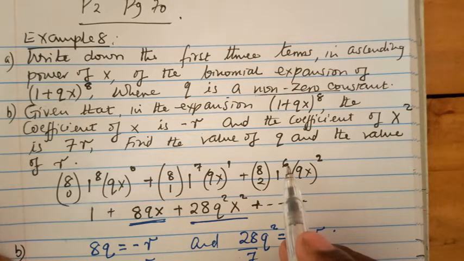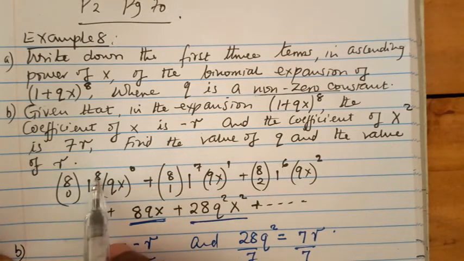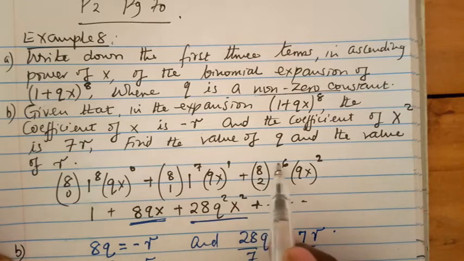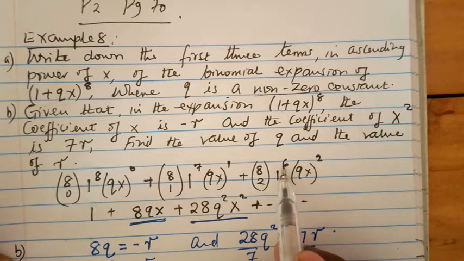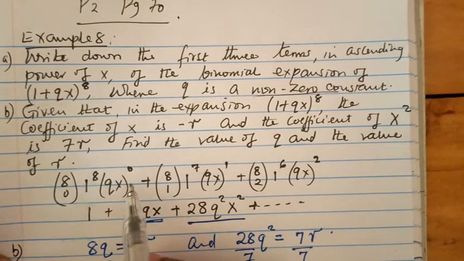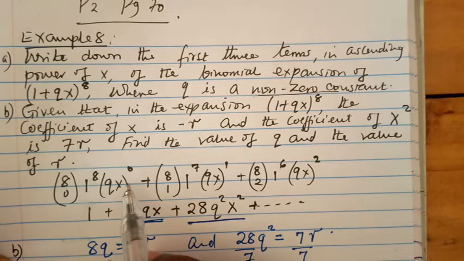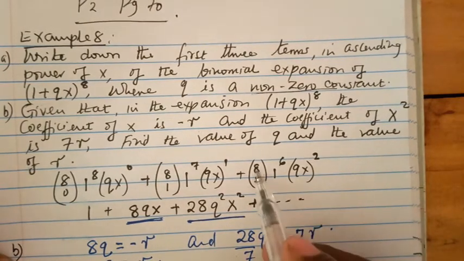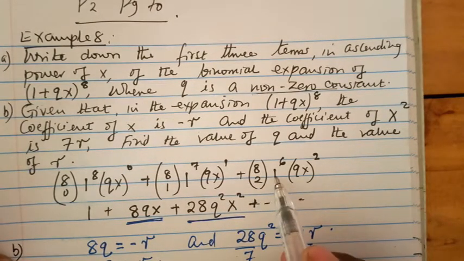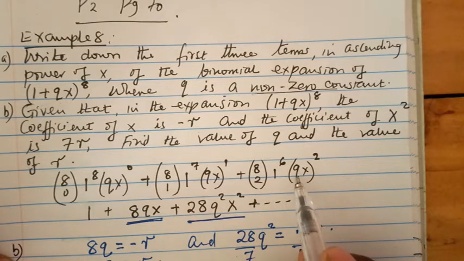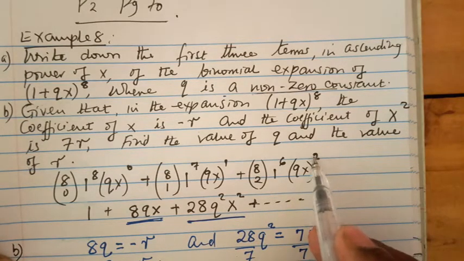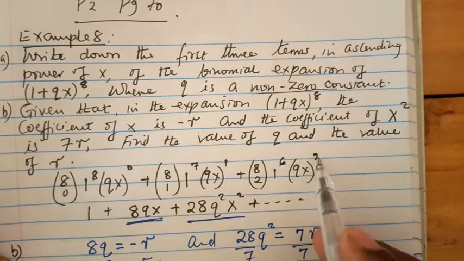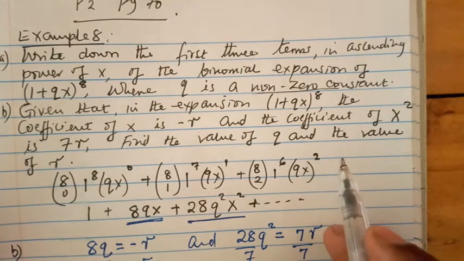Remember, the indices of the first term start from the highest and continue to reduce by 1 in every term, and the indices of the second term start from 0 and continue to increase by 1 in every term. So 8C2, 1 raised to power 6, and the second term qx raised to power 2. 6 plus 2 remains 8.